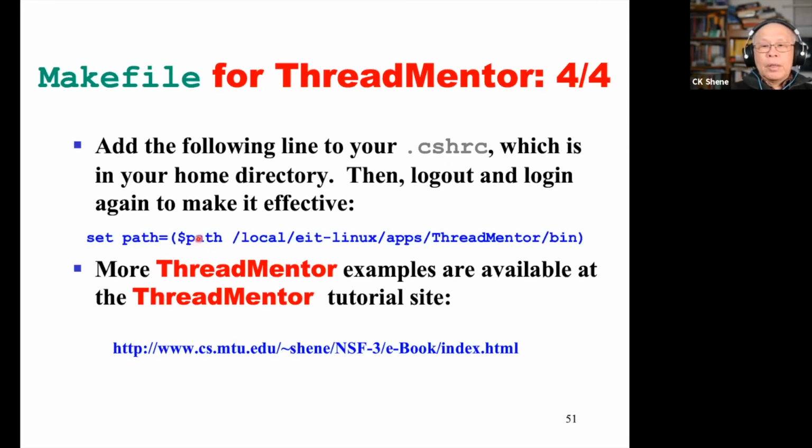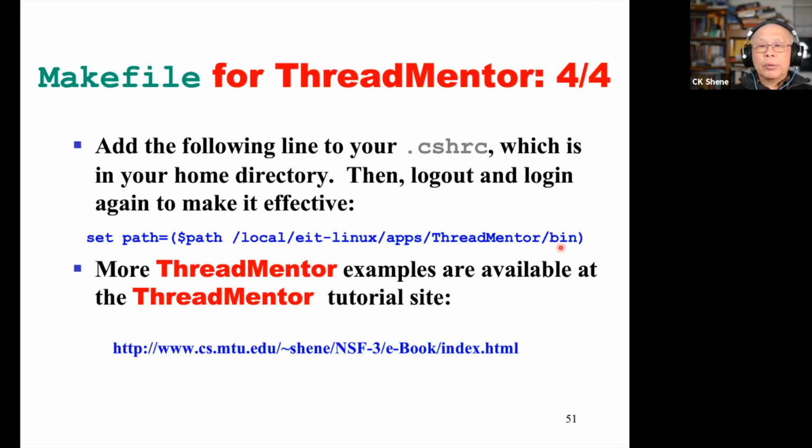So in C shell, this is the new path, the equal sign followed by a pair of parentheses. This $path is the existing path name. Now, what you want to add is the path name leading to the ThreadMentor binary folder.